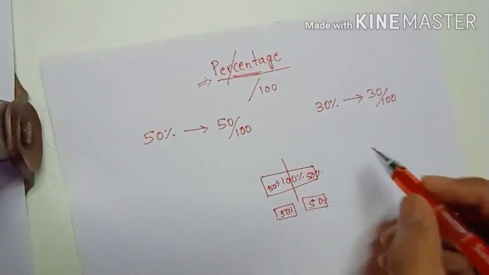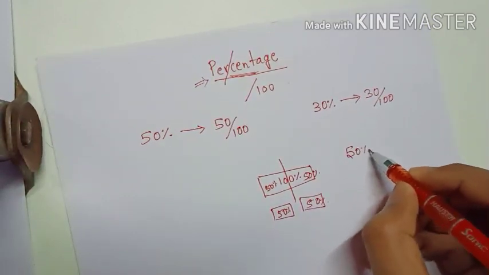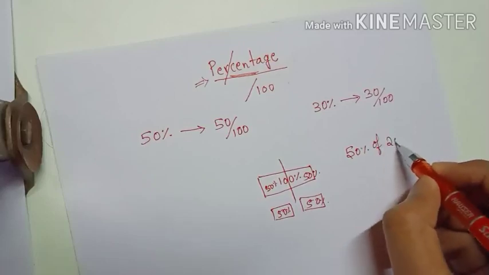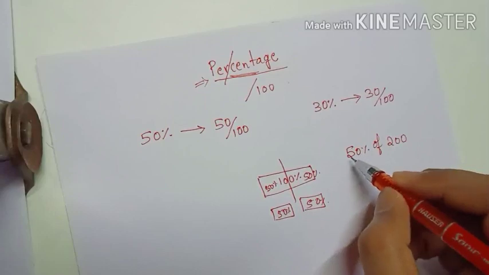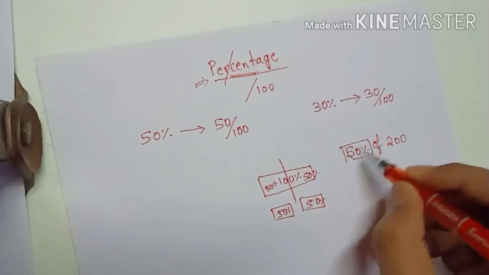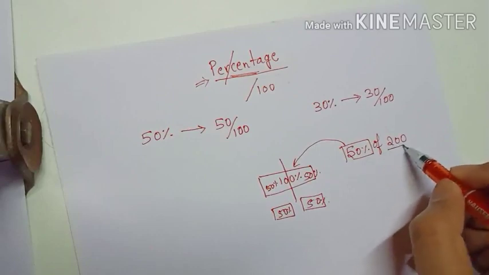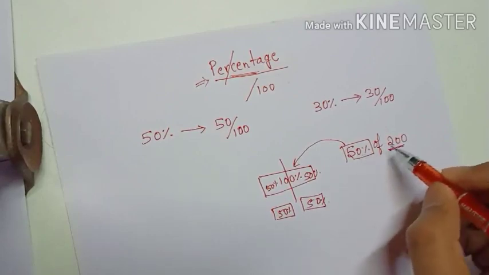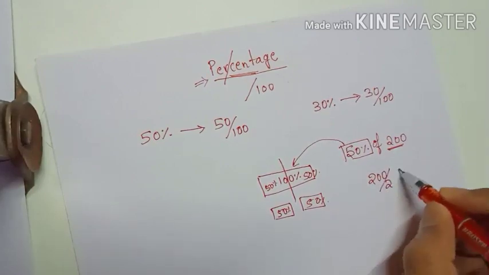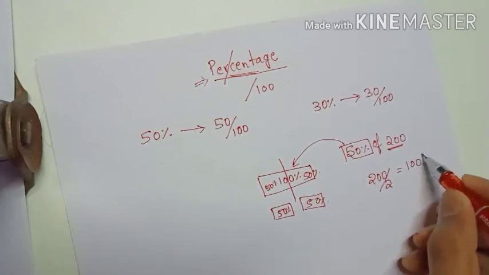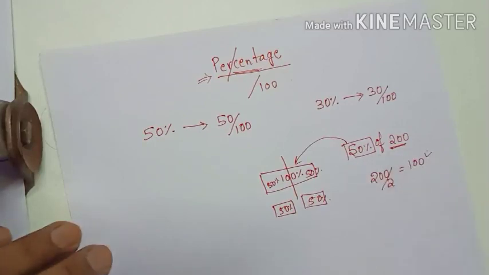Now suppose someone asks you to find 50% of 200. Now 50% is half of 100%. Yes or no? Yes. So to calculate 50% of 200, you just divide 200 by 2, you will get 100. So 100 is 50% of 200. Yes or no? Yes, correct.